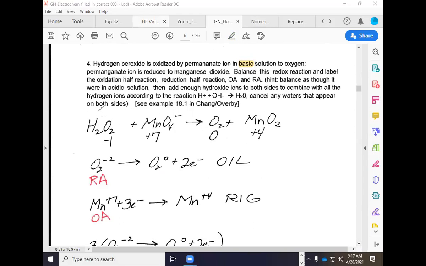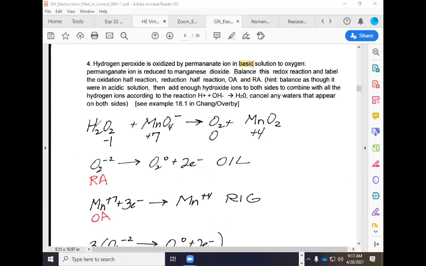So here's our hydrogen peroxide. Here's the permanganate. Here's oxygen. And here's the manganese dioxide. We're going to start with this.